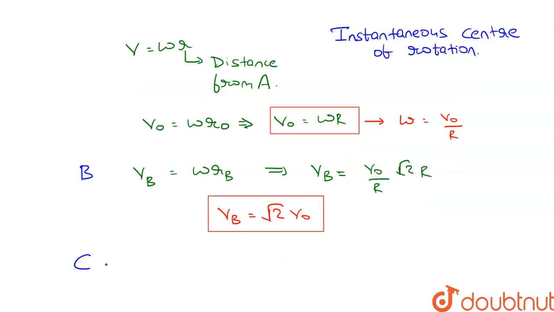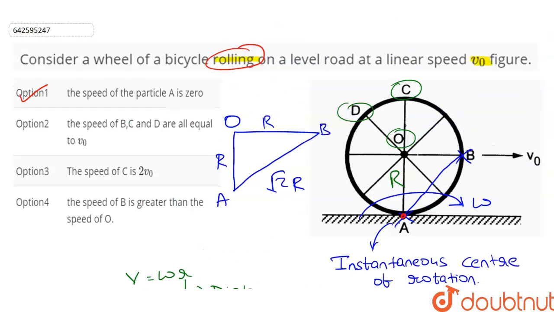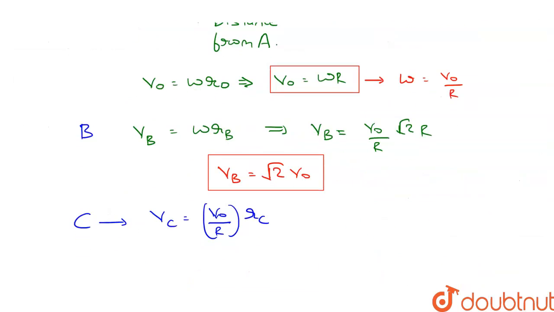For particle C, VC is equal to omega, which is V0 upon capital R, into RC. RC is equal to 2R.